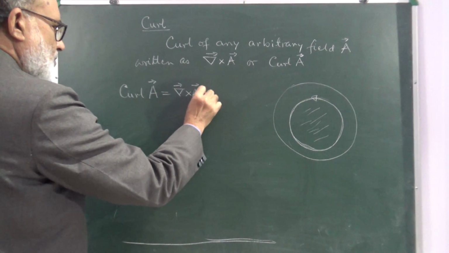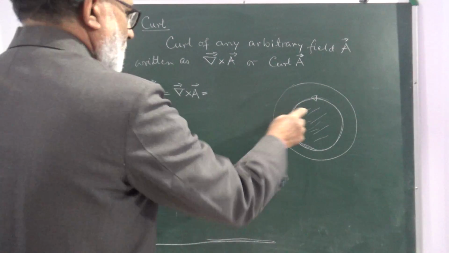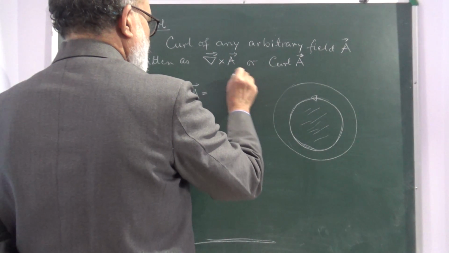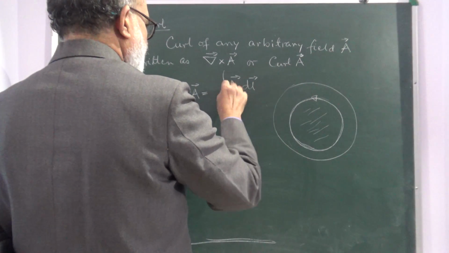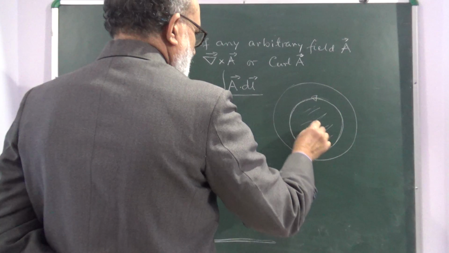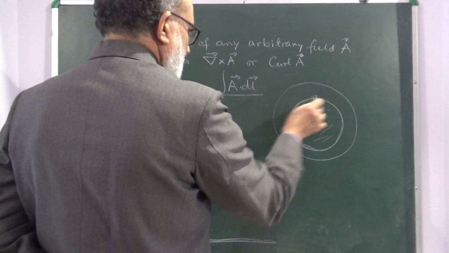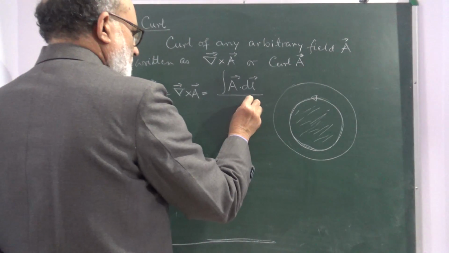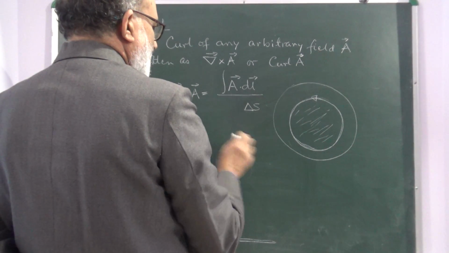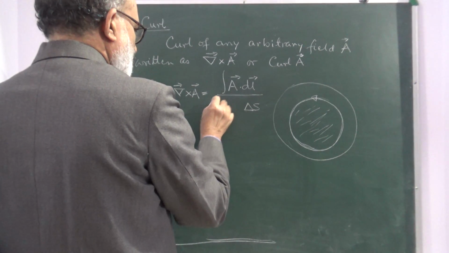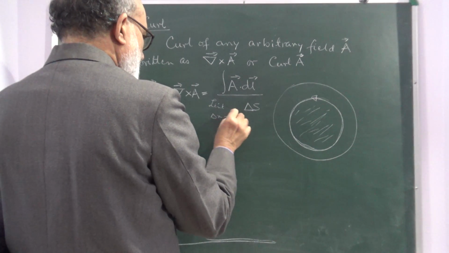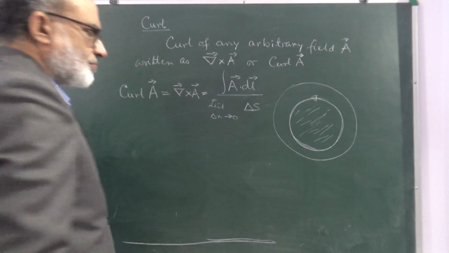is actually a measure of A along the whole loop. So it is the line integral of A divided by the surface which is inside this whole circle. So the circuit surface is delta s, and assuming that delta s is very small, so the limit delta s tends to 0.